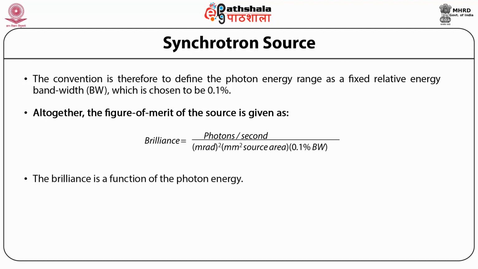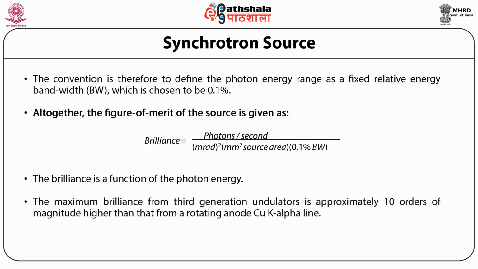The brilliance is a function of the photon energy. The maximum brilliance from third generation undulators is approximately 10 orders of magnitude higher than that from a rotating anode copper K-alpha line.